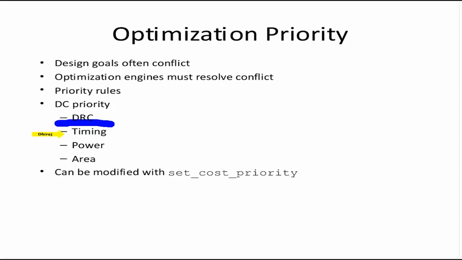If you're targeting a 1 GHz processor, it should meet timing at 1 GHz. Now, since it's a handheld device like a mobile, it is battery operated, so next comes power. Area is also very important because it should be smaller, but area is secondary when compared to power and timing. I have not seen many people playing with set cost priority, but it's good to know that this priority can be modified.